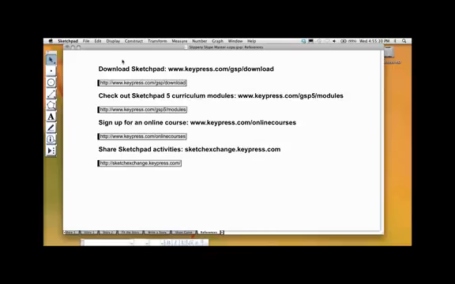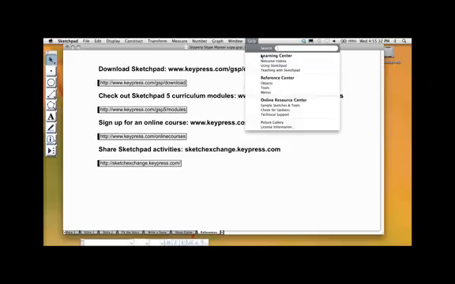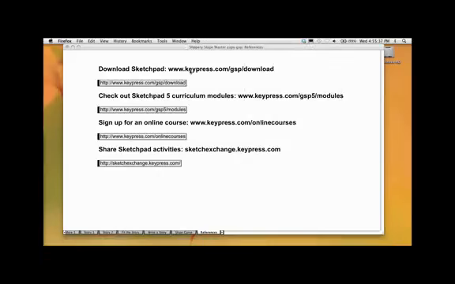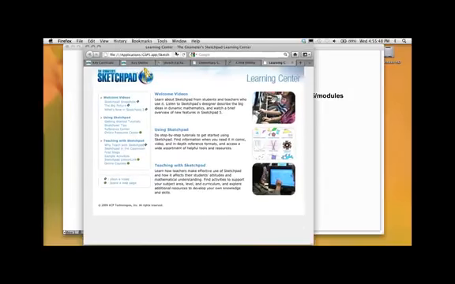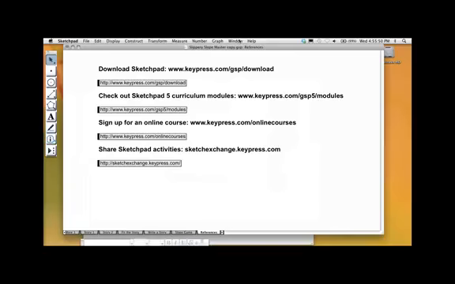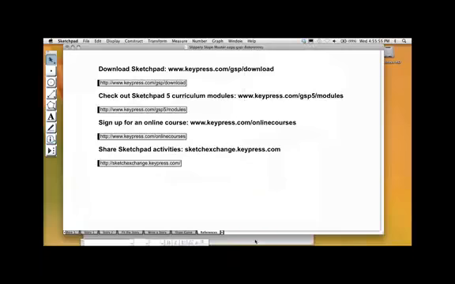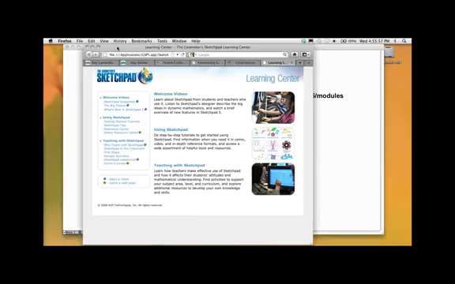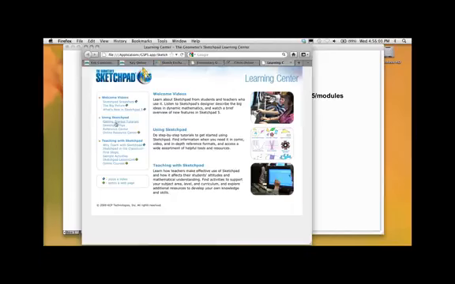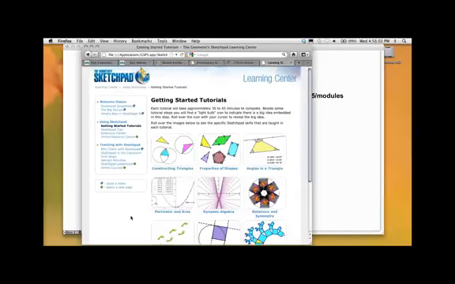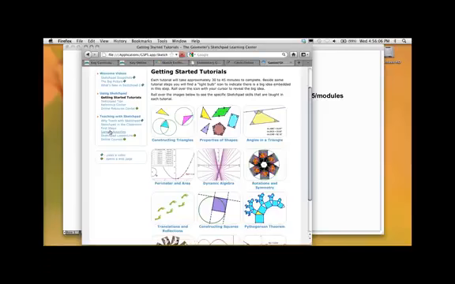And when you're in Sketchpad 5, even in the trial version, you'll have access to the Learning Center. Sorry, I'll show that again because that was kind of fast. In the Help menu of Sketchpad, you just select Learning Center, and that will bring you to the Learning Center, which includes tutorials, great for learning about Sketchpad, and sample activities.